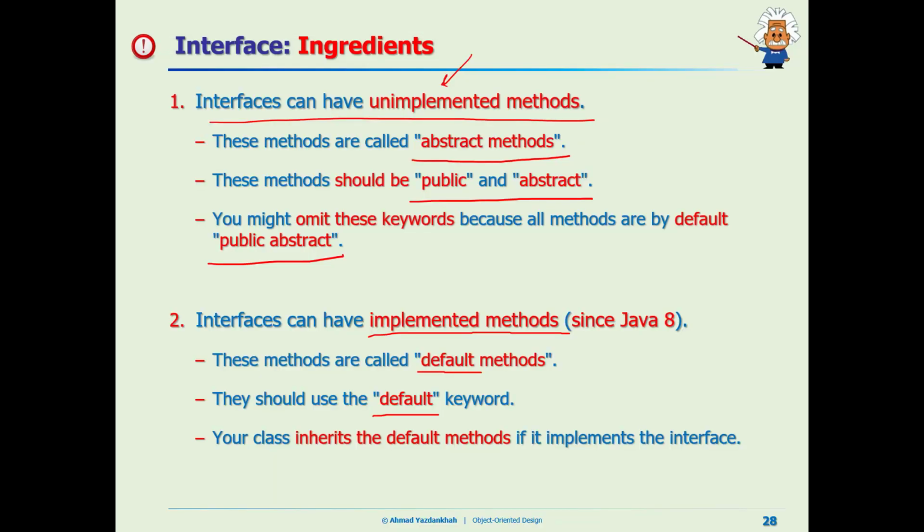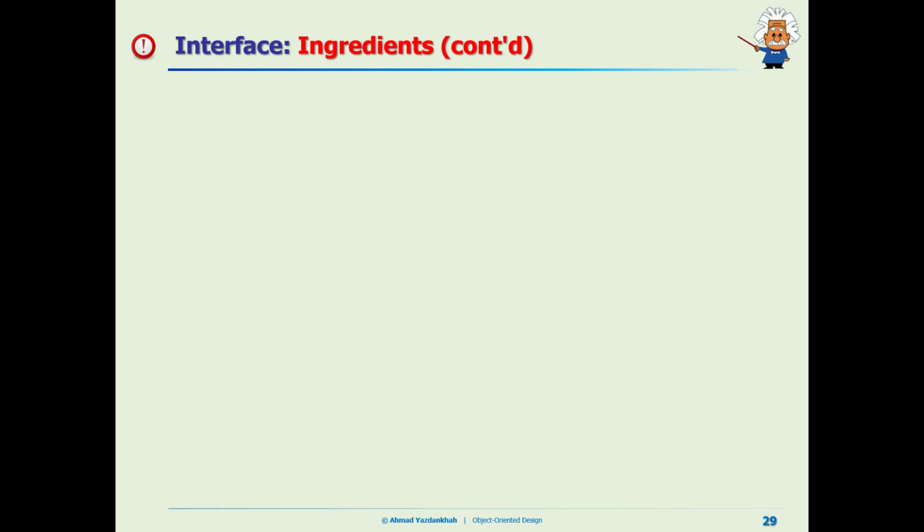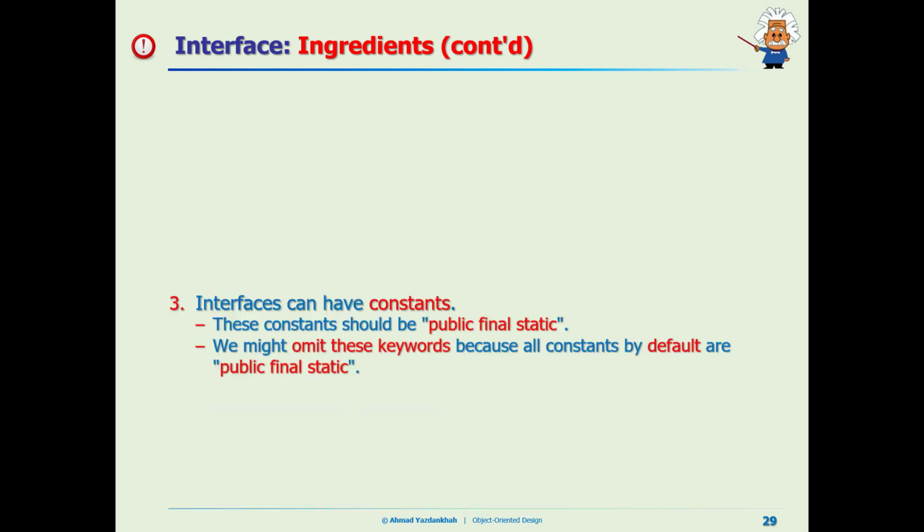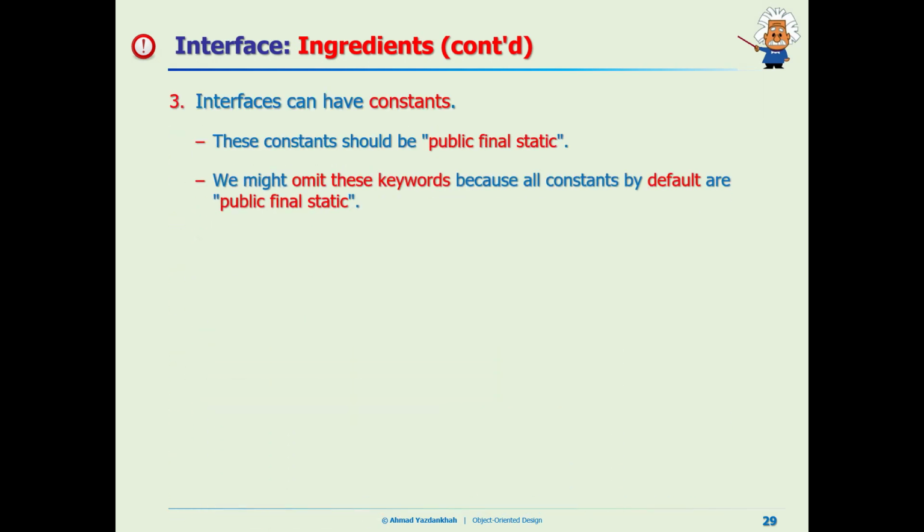Our next point or note here is that interfaces can have constants, and constants are qualified by public, final, and static. You can omit these three keywords because by default, if you create a constant, it is public, final, and static.